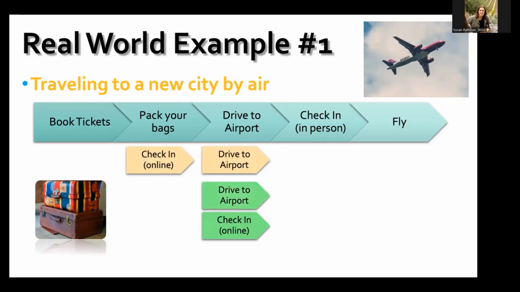Some steps need to be done in a sequential manner, but some steps you can do in parallel. Like checking in online and driving to airport can be done sequentially, or if someone is driving you to airport, you can do it together, in parallel.